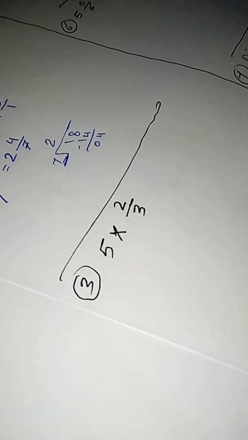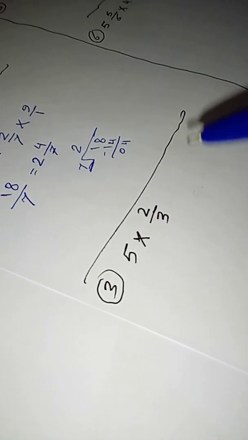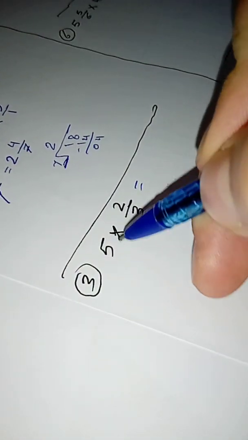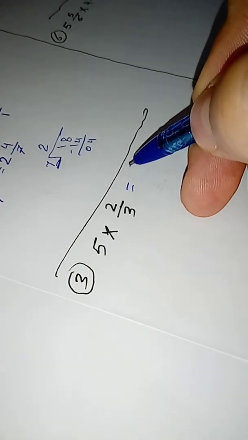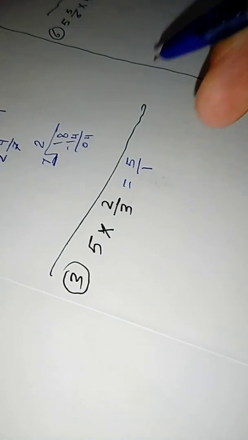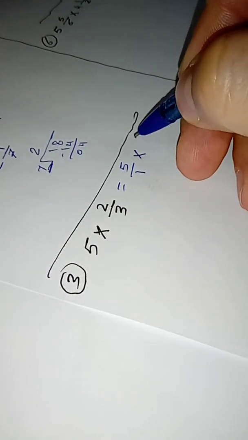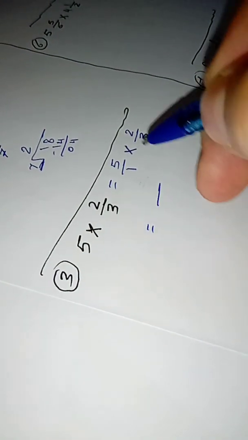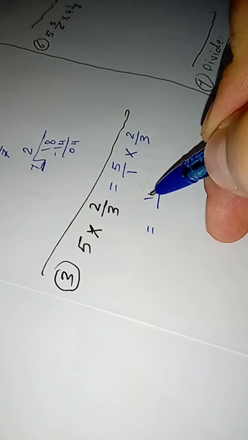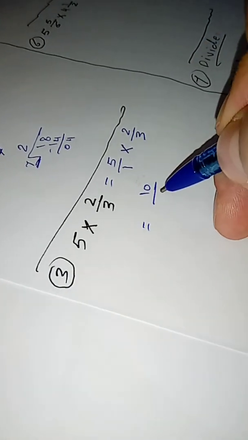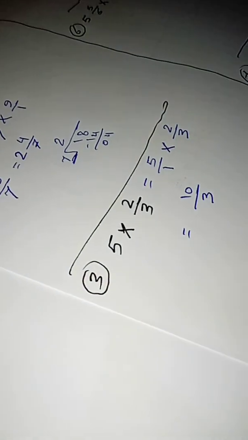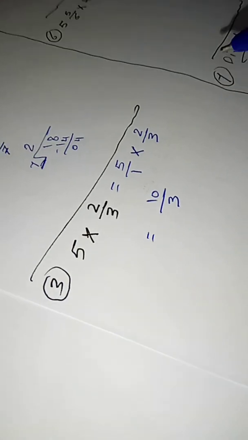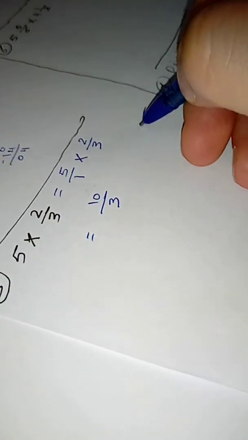In this example, we have a whole number multiplied by a fraction. Also change the whole number to a fraction. I can write 5 over 1 multiplied by 2 over 3. Then 5 times 2 will be 10, and 1 multiplied by 3 will be 3. So I can change this to a mixed number.